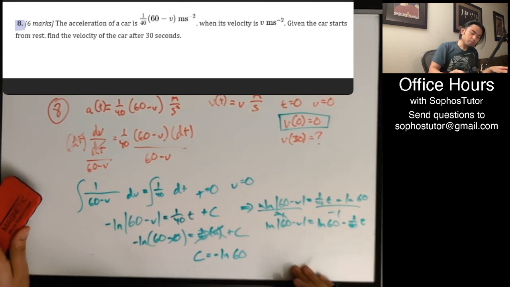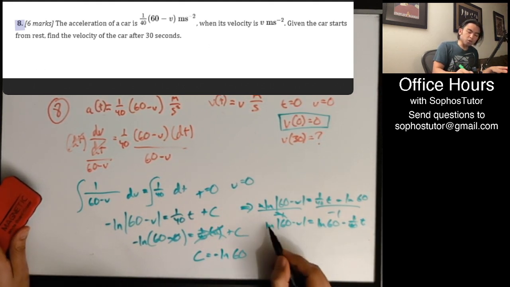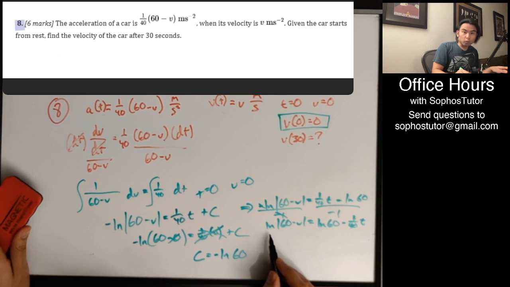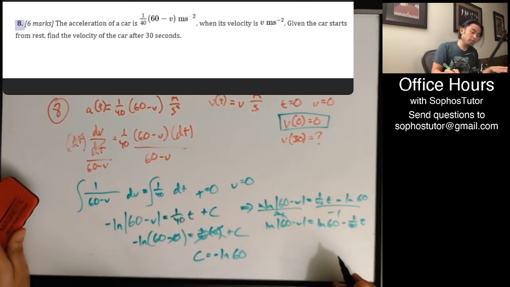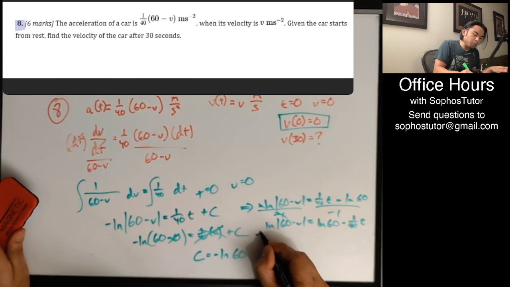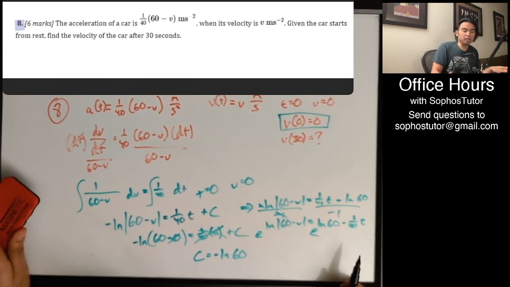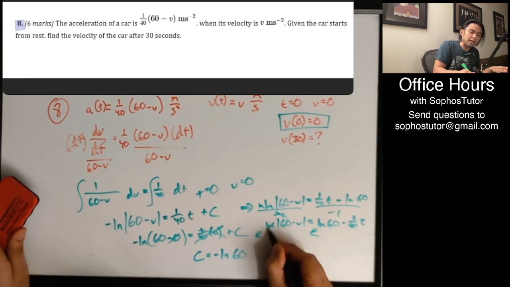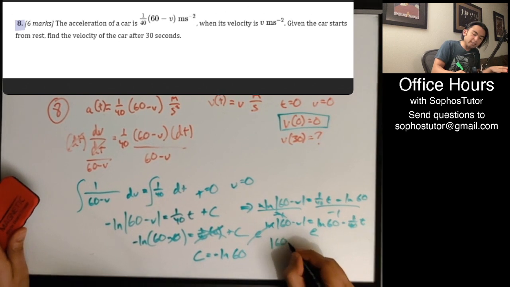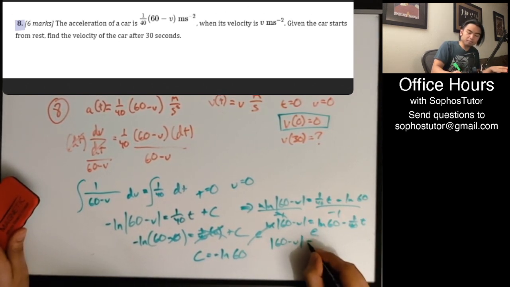Okay? Now, this natural logarithm, how do we get rid of that? Well, a logarithm is basically an exponent. So we're going to actually put an e down here and put these pieces as exponents. What's going to happen is this natural logarithm and the e are going to cancel out. So we're going to get 60 minus v, absolute value.